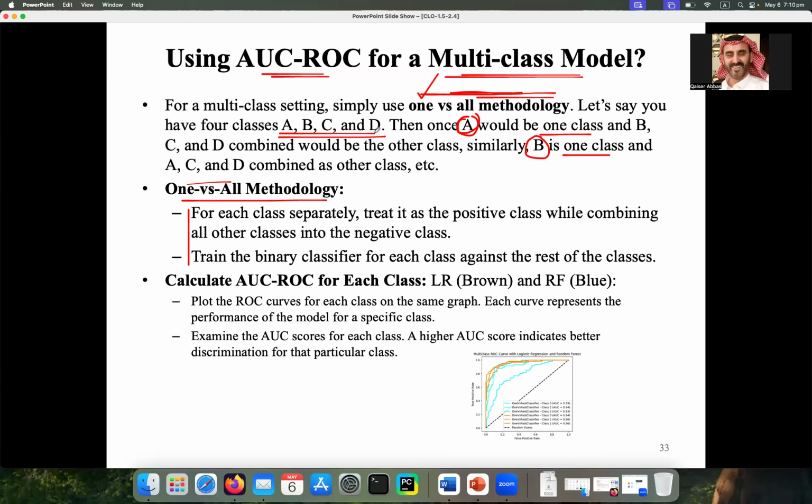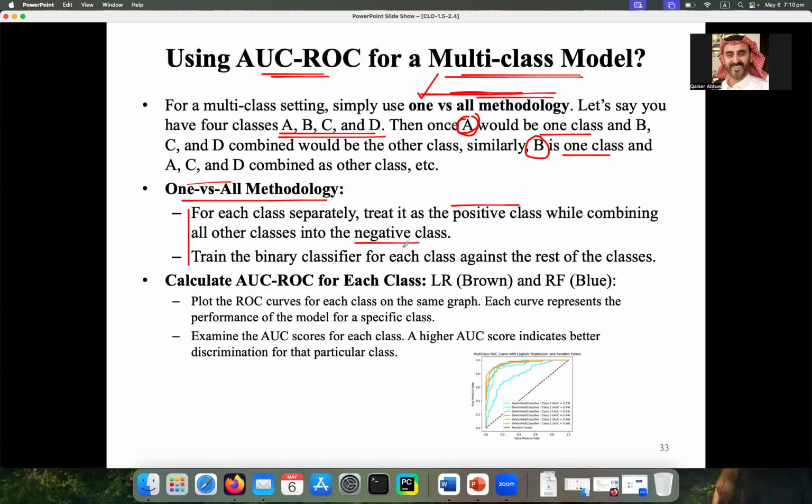Here its execution is mentioned in words: if you have 4 classes, then for each class, you have to treat the one class that you take out as positive. The remaining classes that you have combined, you will consider as the negative class.